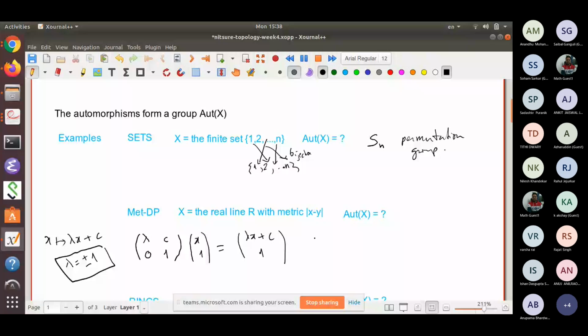So if I take another transformation, x goes to, let's say, mx plus some other translation t, where m of course has to be plus minus 1. Now let's compose these.